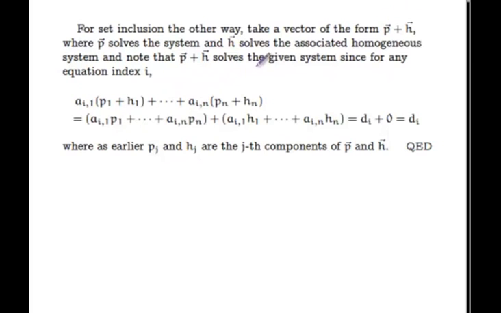If I plug P plus H into this equation, I'm going to get these components of the vector. And again, I can do my expansion and collect the P terms here and the H terms here. Now I know that P is a particular solution, so that's going to give me di on the right-hand side. And H is a homogeneous solution, so that's going to give me 0 on the right-hand side.